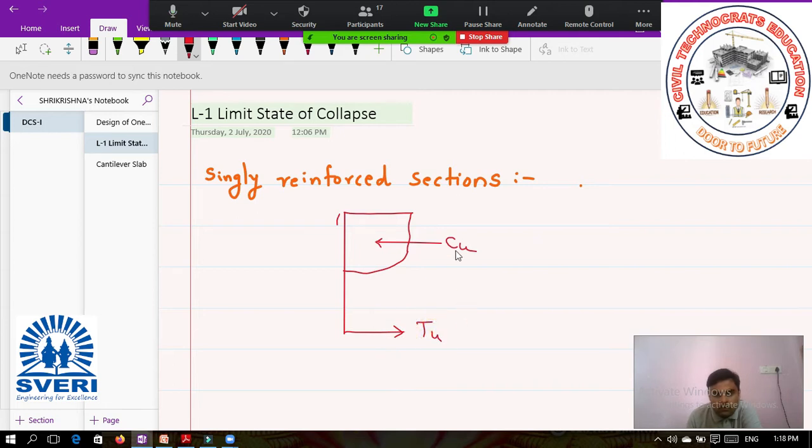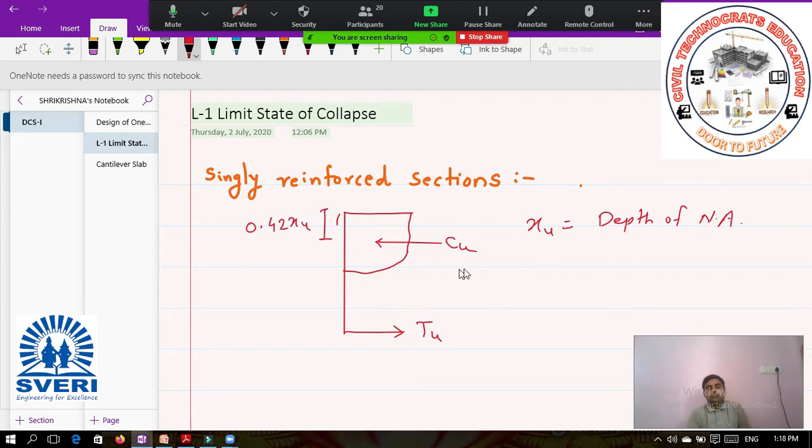We have also calculated the values of this. We have shown that this is acting at a distance of 0.42 xu, and xu is nothing but the depth of neutral axis. All these things we had studied in the first lecture, so we will recall these things now.